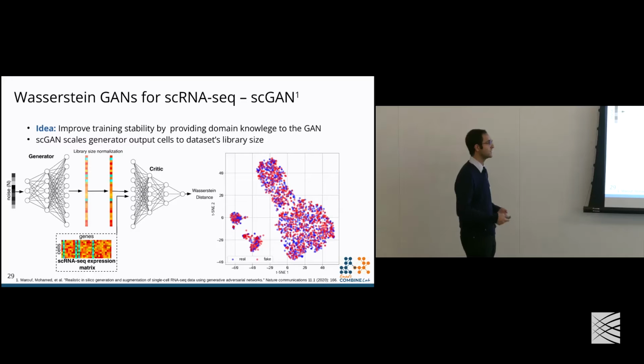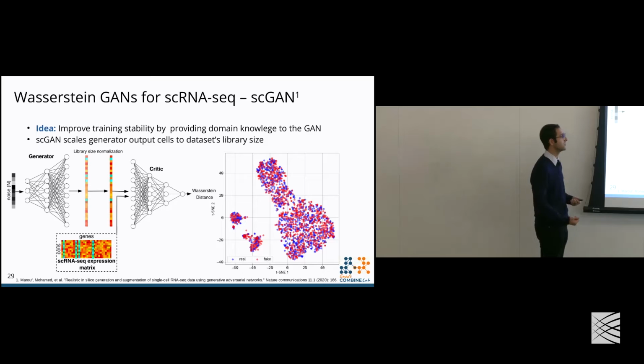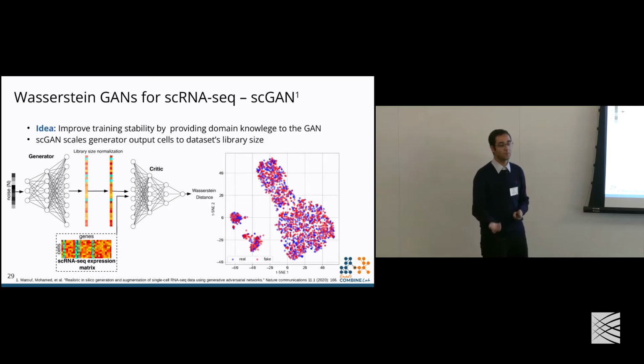The way they do this is by integrating some domain knowledge, which we have already, and that is using library size. A very common pre-processing step in single cell is to library size normalize the cells to some number like 10,000 or 20,000. What scGAN does is to actually enforce that condition at the output of the generator, so the generator's outputs are always normalized to library size.